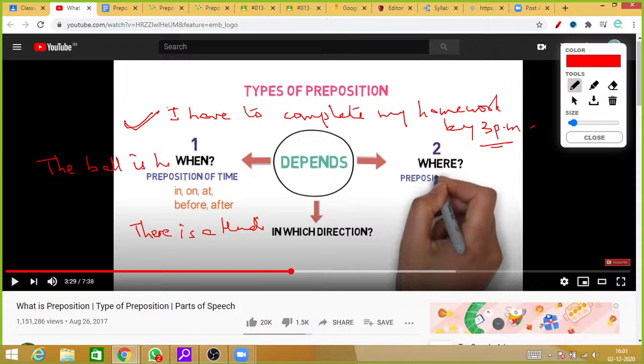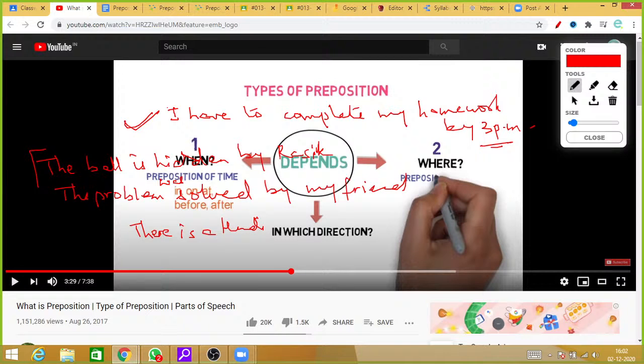Ball is hidden by Rasik. Okay. Hidden by. Problem was solved, because solved is a past tense, by my friend. So in these two sentences we have not used by as a preposition of time, but these are correct sentences. Now I want you to make sentences using by as a preposition of time.